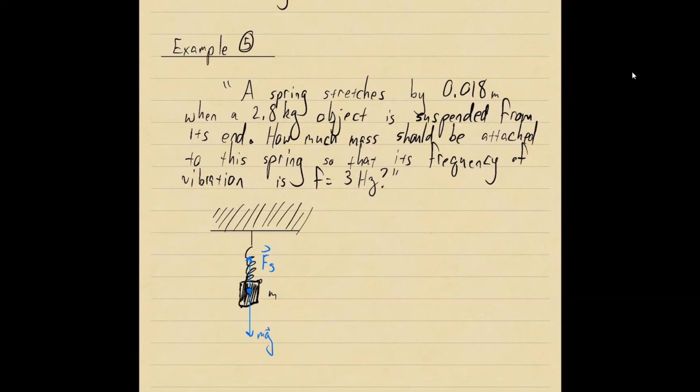So when we sum the forces in the y direction, using Newton's second law in the y direction, we want its acceleration to be 0, because it's not bouncing around yet; it's just hanging from the ceiling. In part 2 of this problem, that's when it starts bouncing around, and that's when we want to find what mass makes it bounce at that frequency, right?